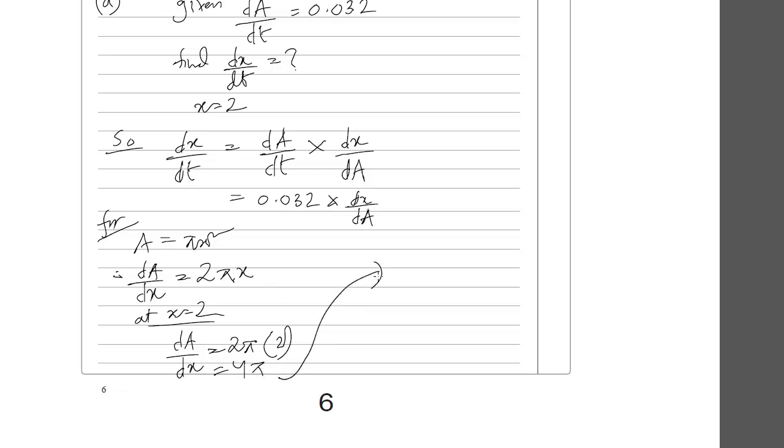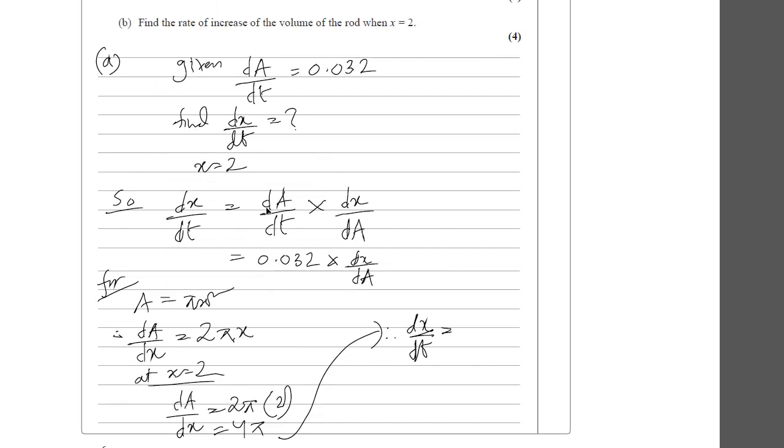So let me stuff it here. Therefore dx by dt equals 0.032 multiplied by, now this is dx by dA and we found dA by dx, so we need the reciprocal, 1 by 4 pi.